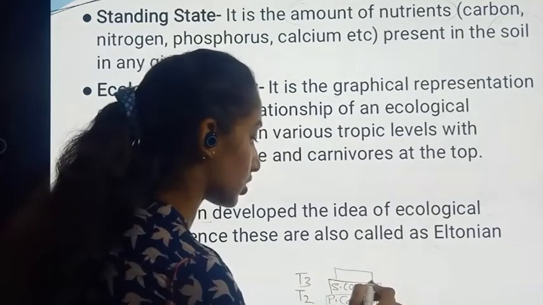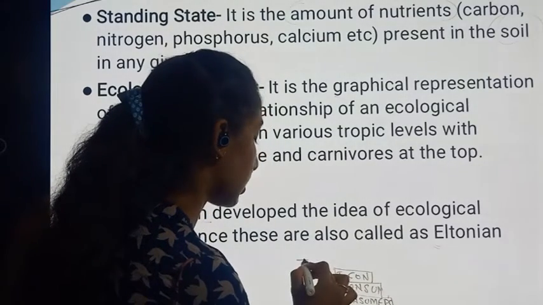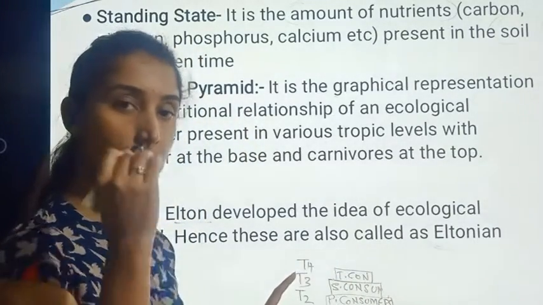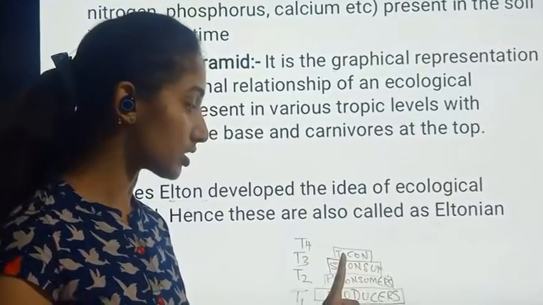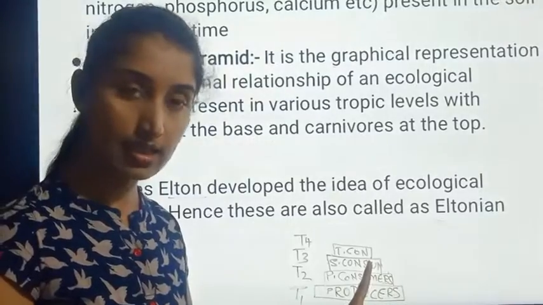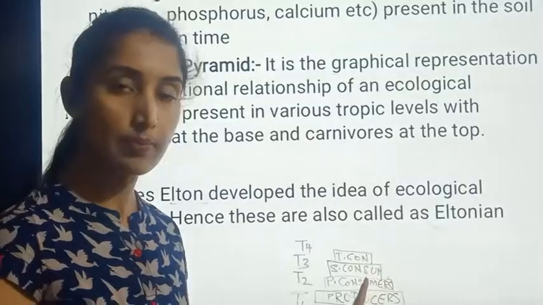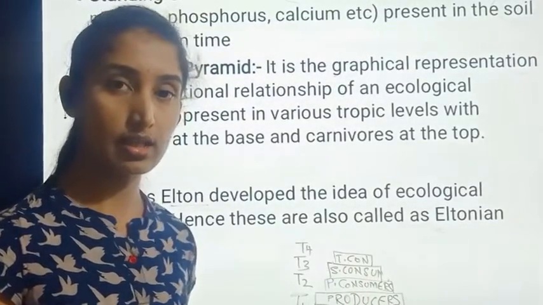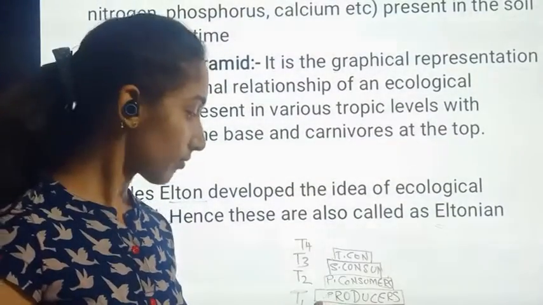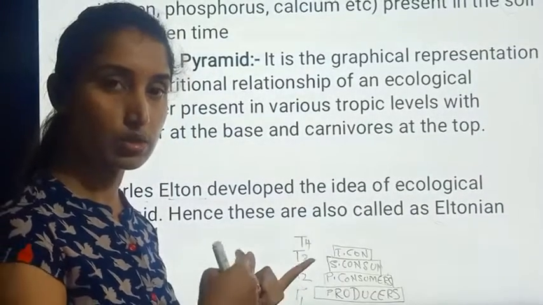Next, in the top level there will be the tertiary consumers, and tertiary consumers are placed in the 4th trophic level. The tertiary consumers are fewer than the secondary consumers, the secondary consumers are fewer than the primary consumers, and the primary consumers are fewer in number than the producers, and they are placed in trophic levels 1, 2, 3, 4.